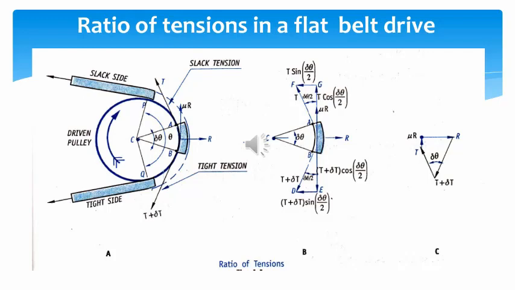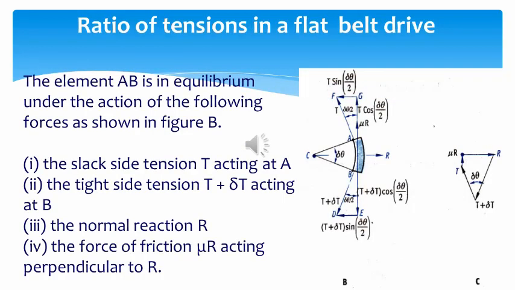So we have reaction force R, we have a tensile force that is acting T and T plus delta T on the other side. Now we shall resolve these forces in x and y axis. So the element AB is in equilibrium under the action of the forces.